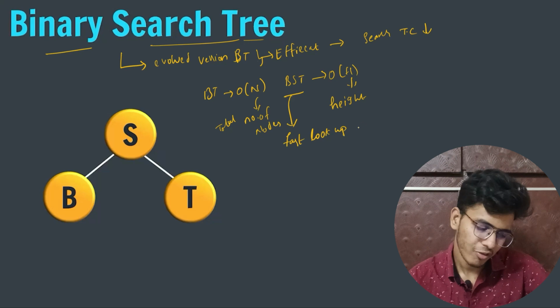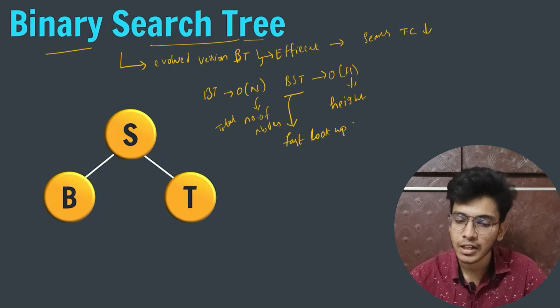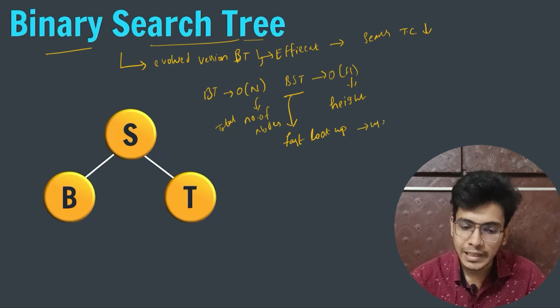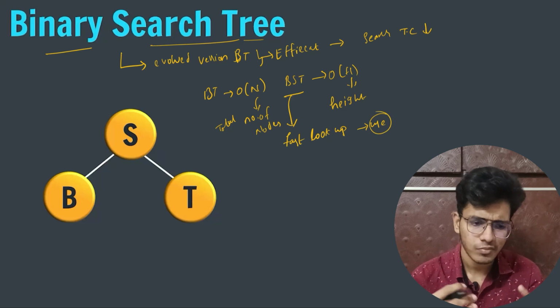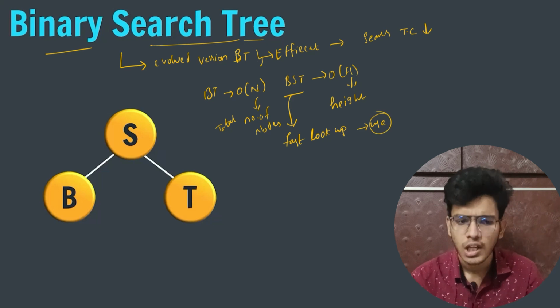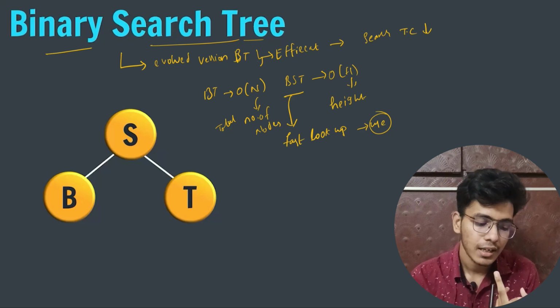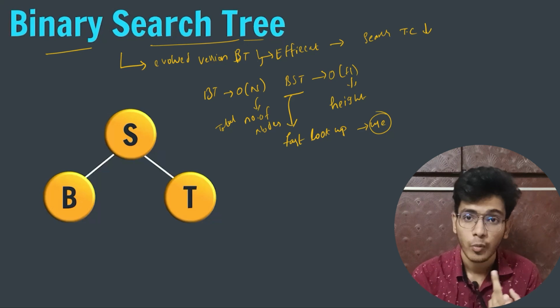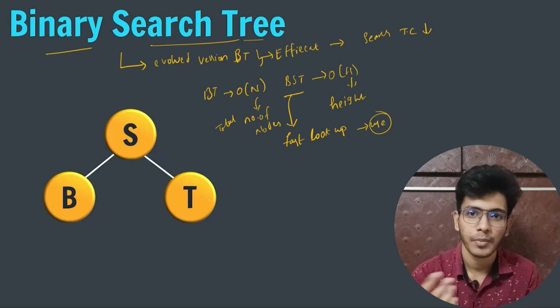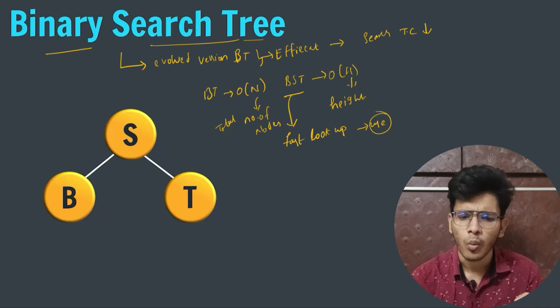If I want to perform a fast lookup operation, then I will use BST. This is the concept of BST, and this is why we use it, because of its efficiency and lesser time complexity when compared to a general binary tree. Now what are these properties?